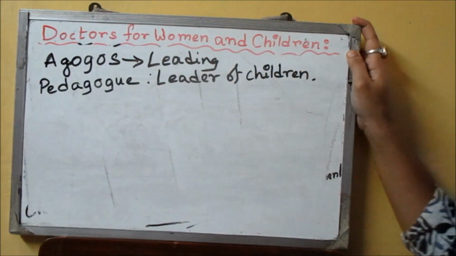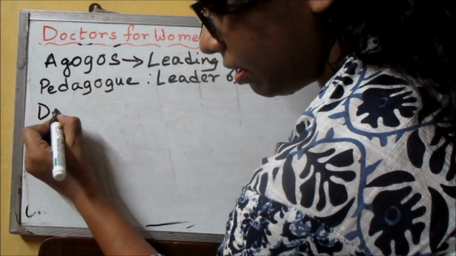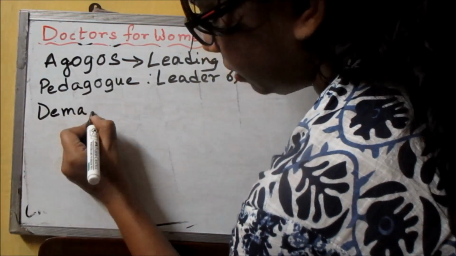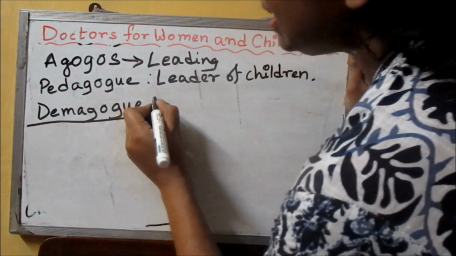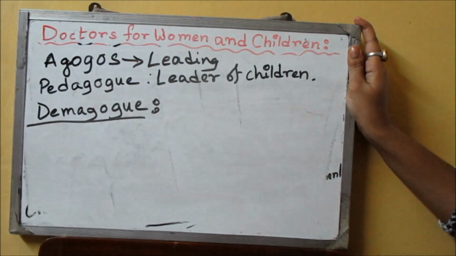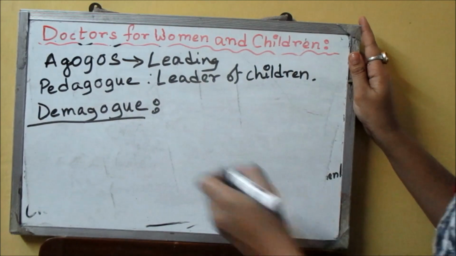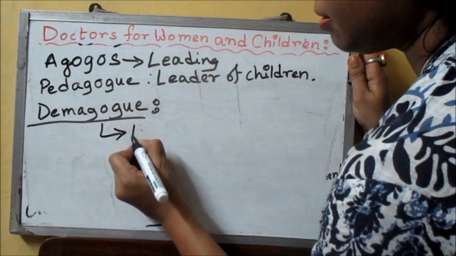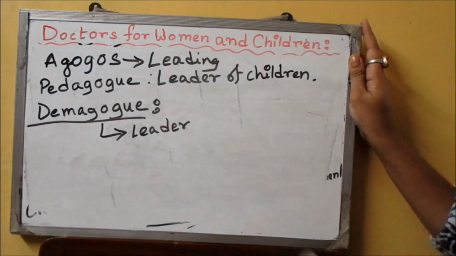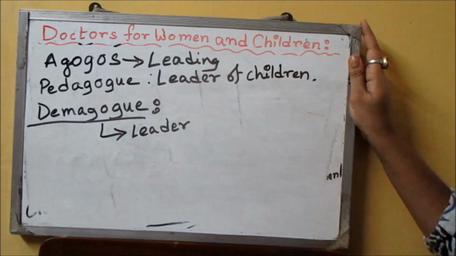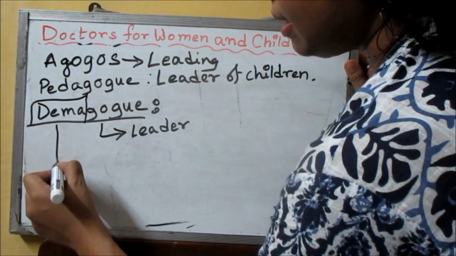Now we are going to learn a new word. The word is demagogue. The word gogue, as we already know, means a leader. What does the word dema indicate?